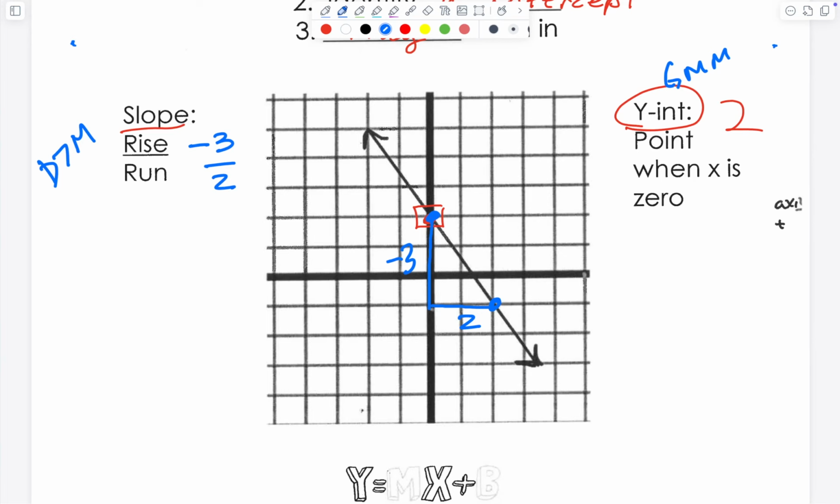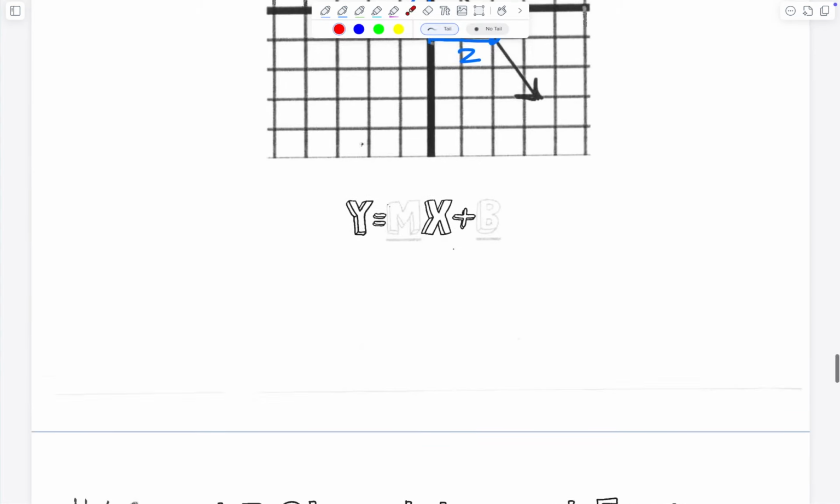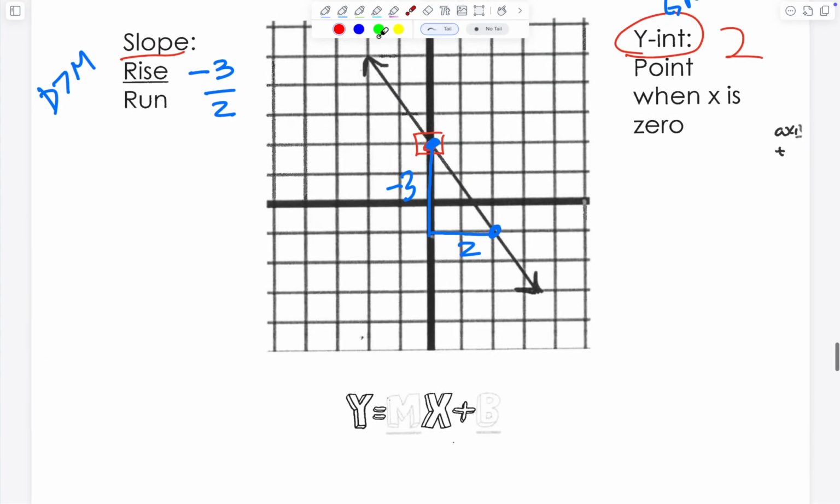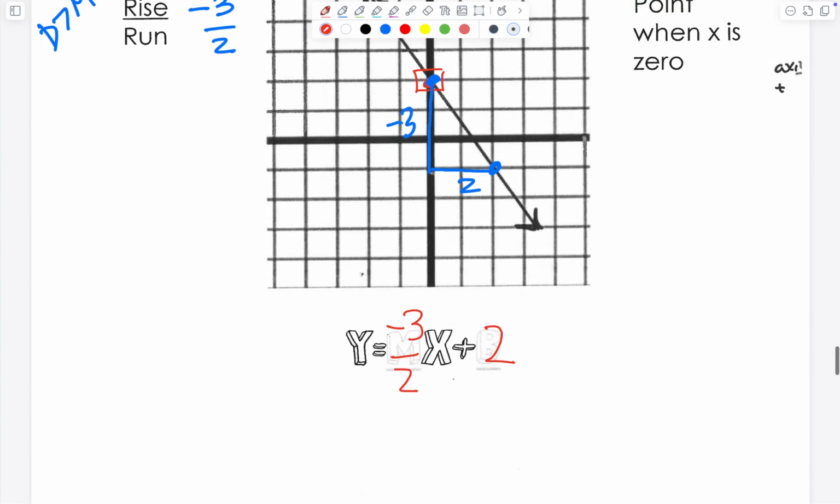All right, so now we have that information. What do we do with it? Well, we have the slope, so that's going to go in for m. We have the y-intercept, that's going to go in for b. That's it. So we're going to take that negative 3 halves and put it in front of x. Take that y-intercept 2, put it in for b, and that's my answer.